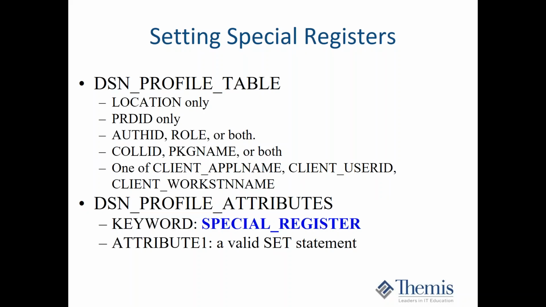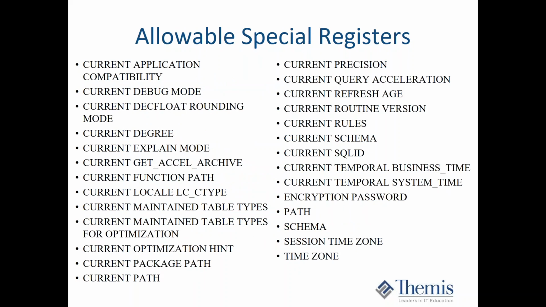So the profile attribute keyword for those profiles is special register, and in attribute 1 is a simple set statement. So in attribute 1, you could say set the routine version to be this version identifier, or set the schema. So if you want them to point to a different set of tables, you could set the schema to the new set of tables.